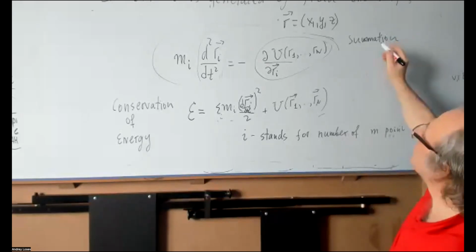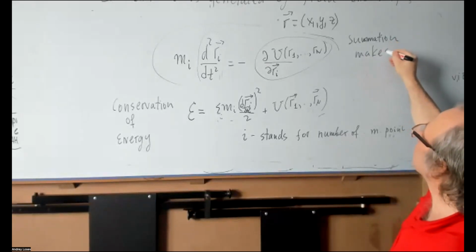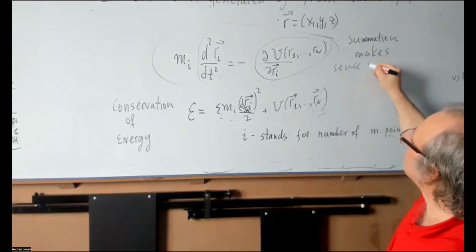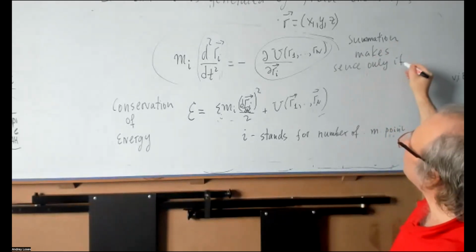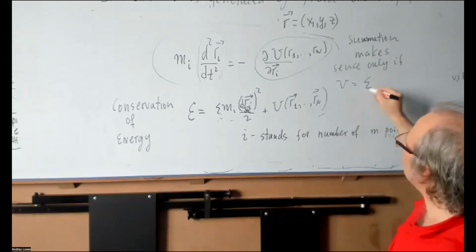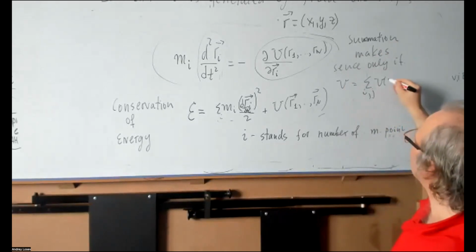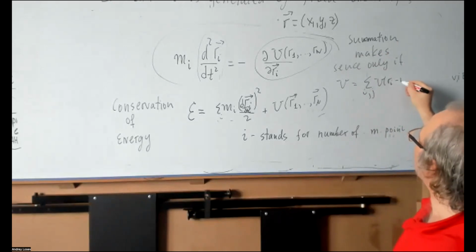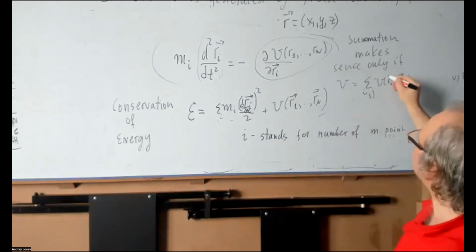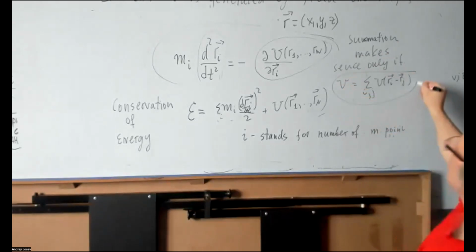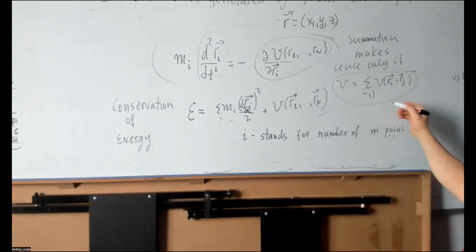Summation makes sense only if U is a sum over i, j of u(r_i minus r_j). In this case, you may say that you are summing forces.